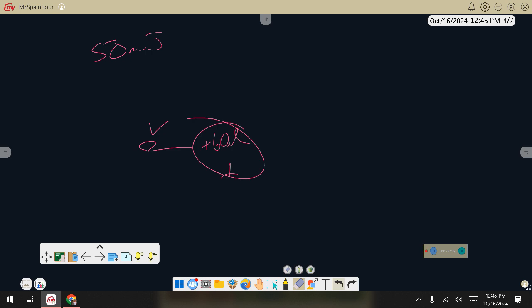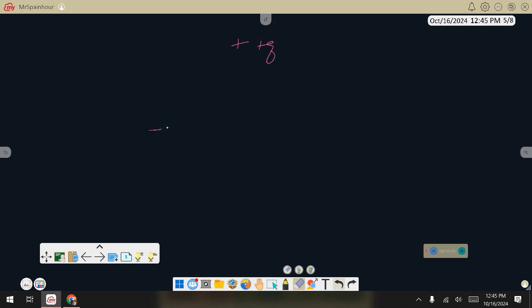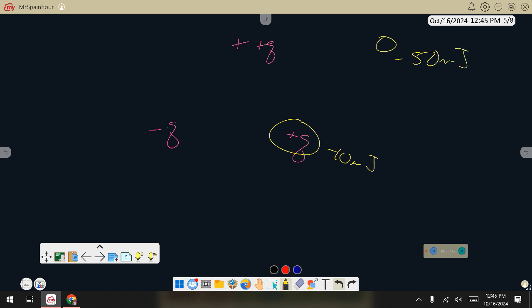Okay, so basically if I've got a setup of charges, and I say, hey, here's a positive Q, here's a negative Q, and another positive Q. And I look at this spot right here, and I tell you that this spot is negative 10 millijoules. And this spot, I already calculated for you, is negative 50 millijoules.